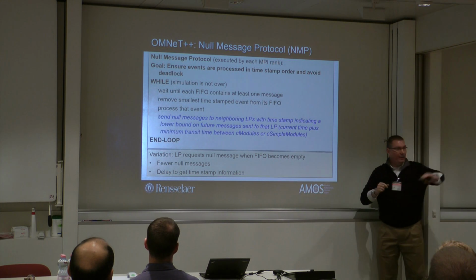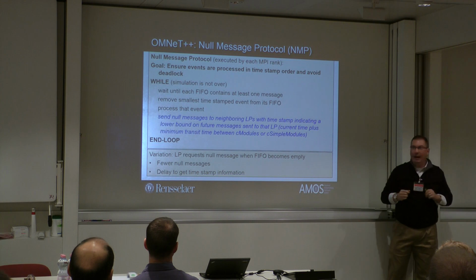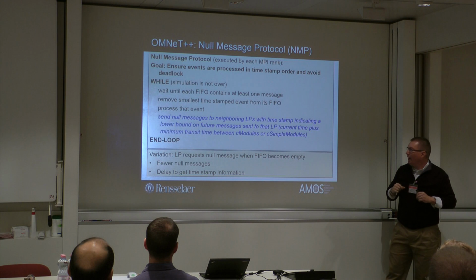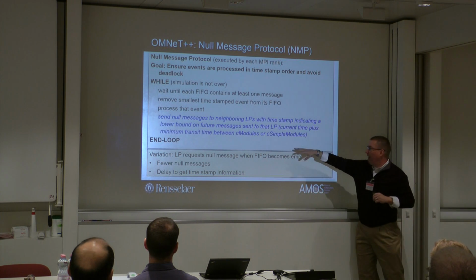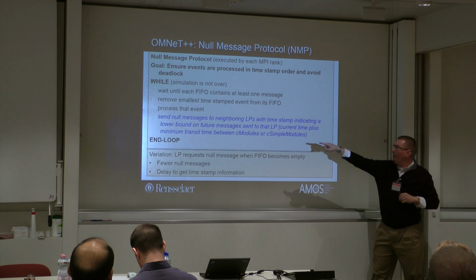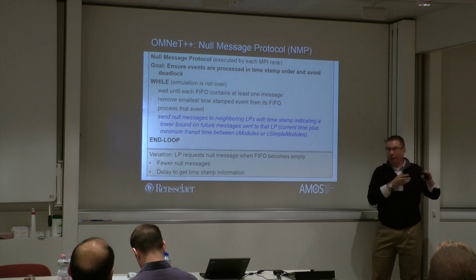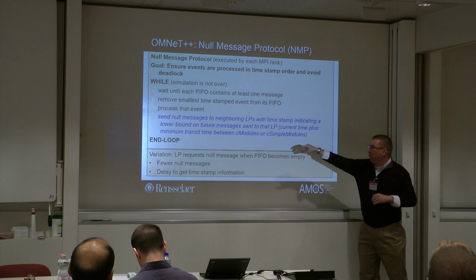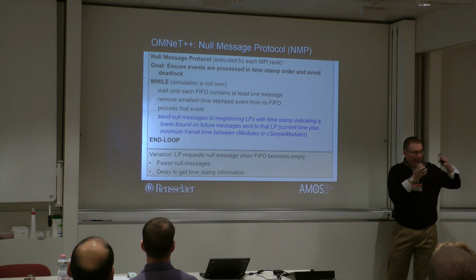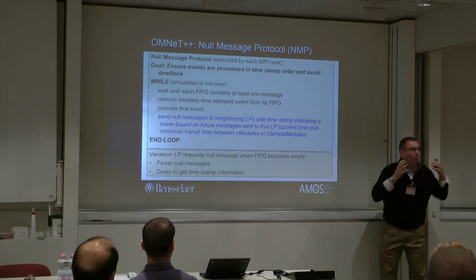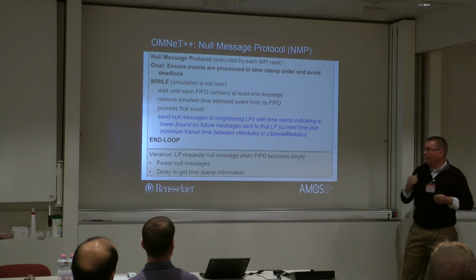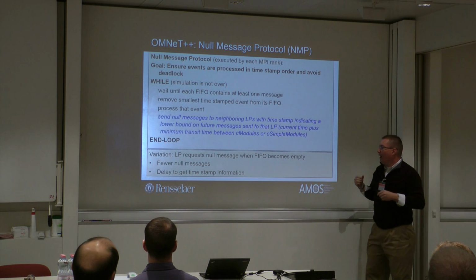You send a null message along each of your FIFOs, and this indicates a lower bound on future events sent to a logical process or a C-simple module or a module. Essentially, with this new lower bound, plus a transit time, this really becomes the promise time, if you will, that you're not going to send any other events smaller than that time, and that's how the synchronization algorithm works.